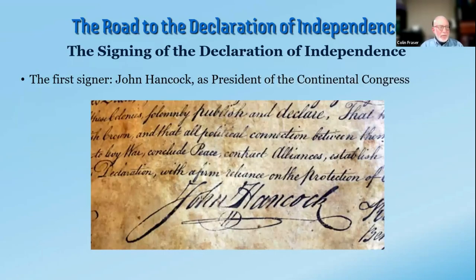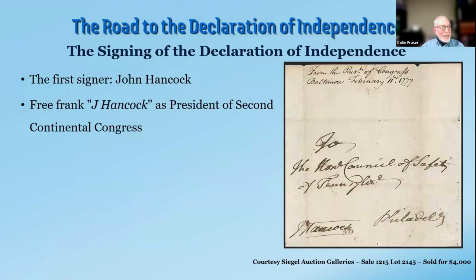And here you can see that famous bold, not only bold, but very deep autograph that John Hancock applied here. And as the first signer, because he was president of the Second Continental Congress, he too had a free frank, and you can see an example here.